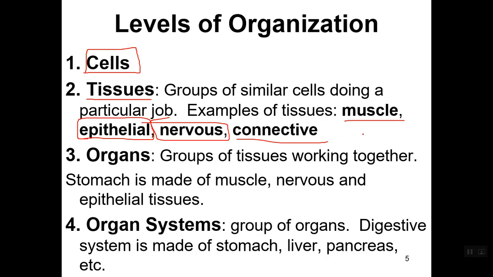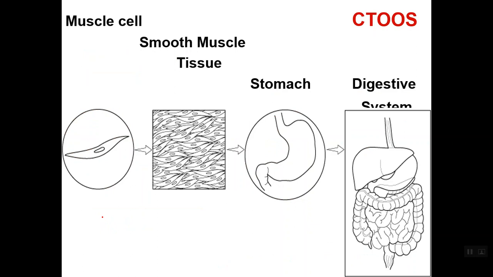These are all masses of similar cells doing a similar job. Group tissues together and you get organs. The stomach is made up of not just muscle and nervous tissue, but also epithelial tissue. They all work together to make an organ. Then you can group organs together to get organ systems, like your digestive system, which has the stomach, liver, pancreas, small and large intestine, etc.